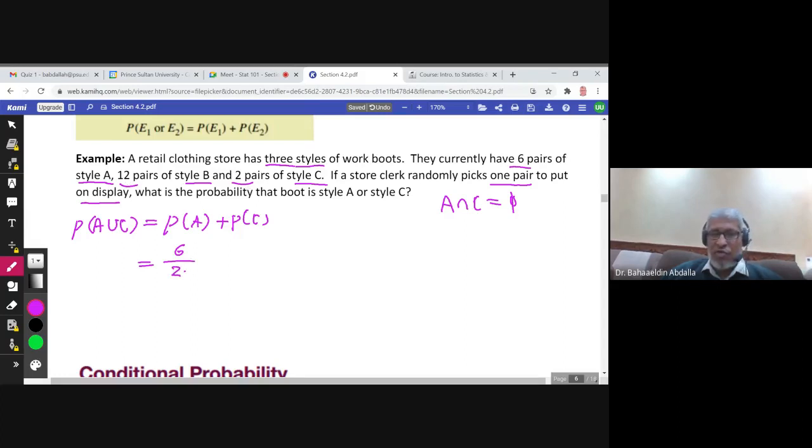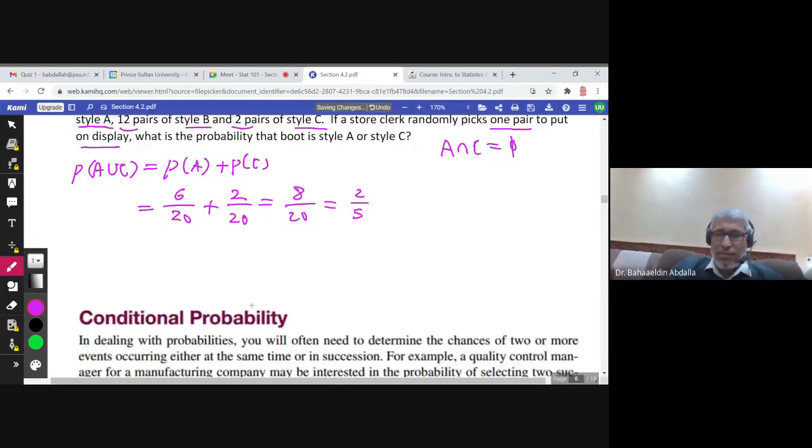So the probability of style A is 6 over 20. Probability of style C, we have 2 pairs of style C over 20. So the probability of A union C would be 8 over 20, or 2 over 5. That's the probability.